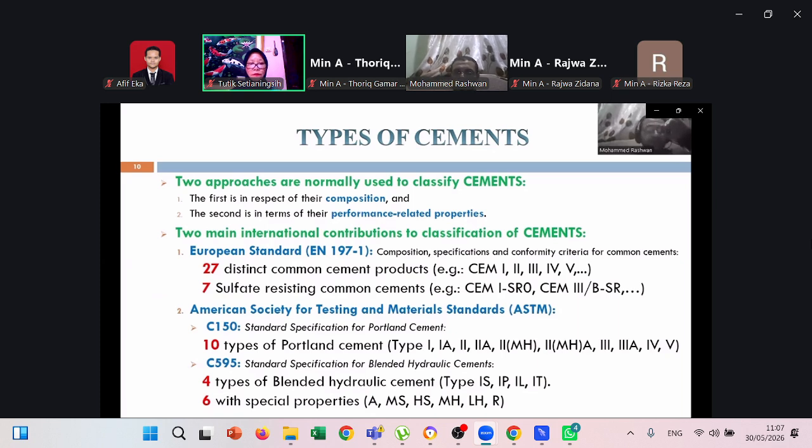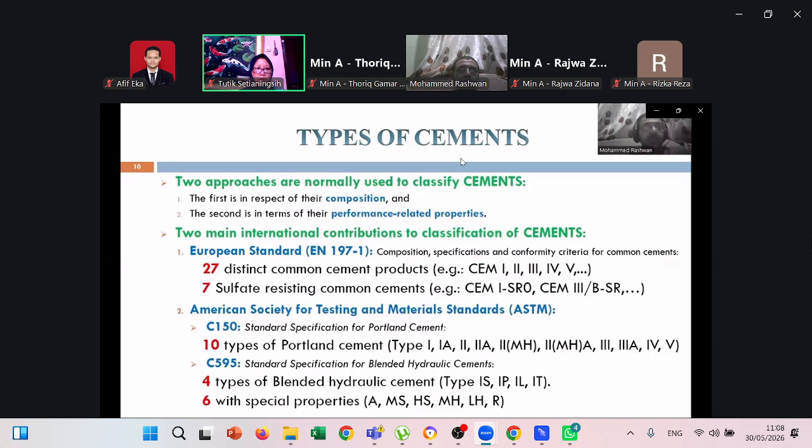And the other standard specification is C595, which is related to blended hydraulic cement. According to this standard, 4 types of blended hydraulic cement are classified: type IS, type IP, type IL, type IT, and these abbreviations we will speak about later.